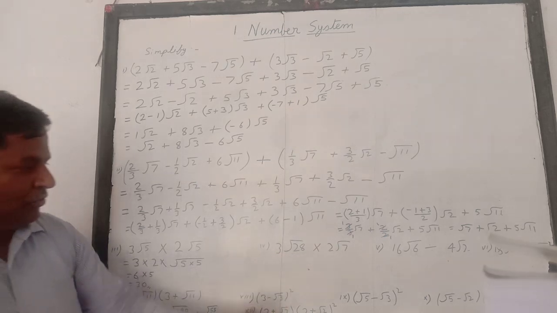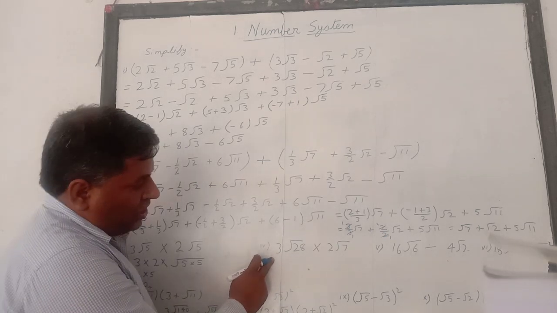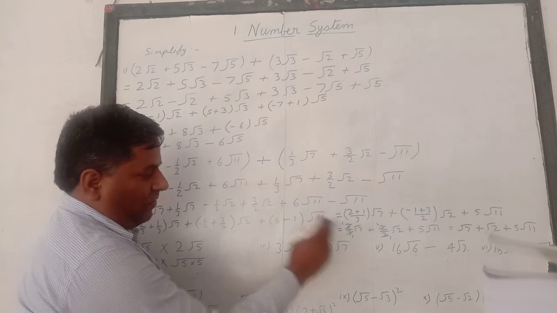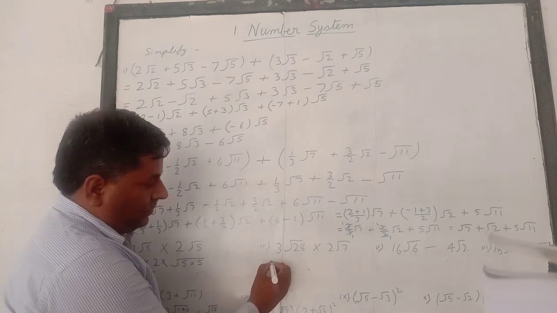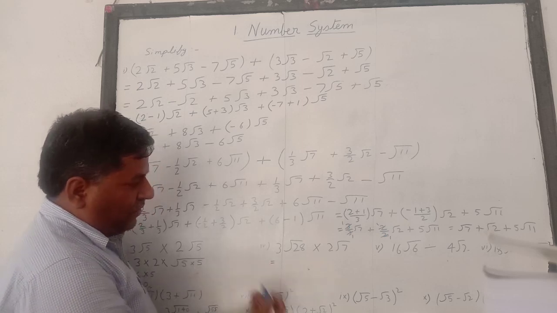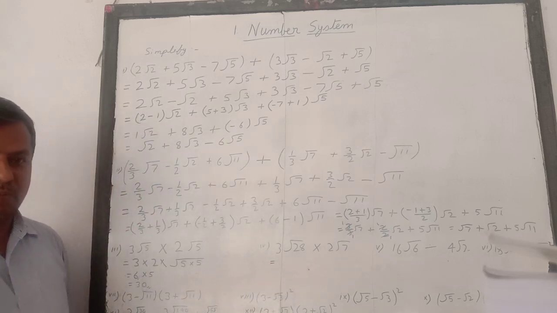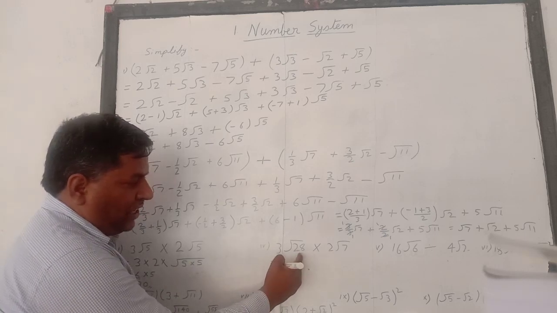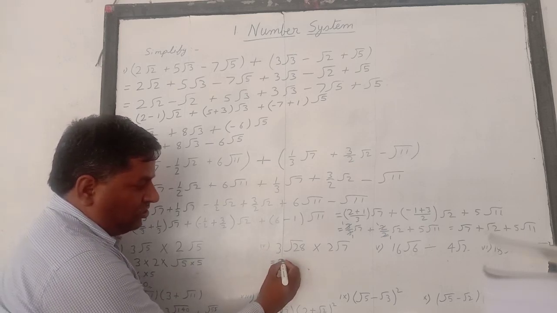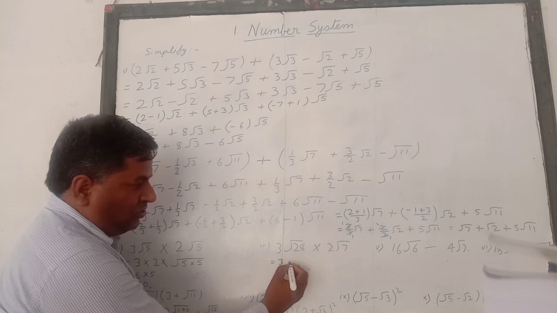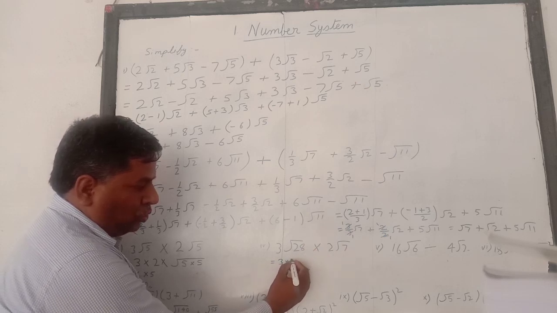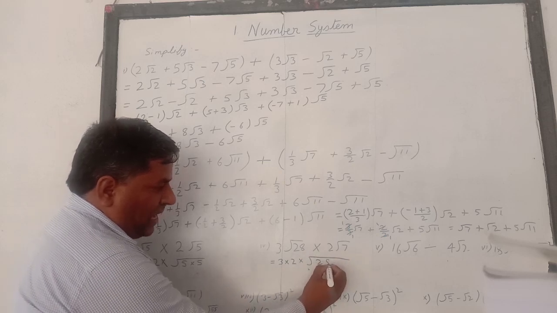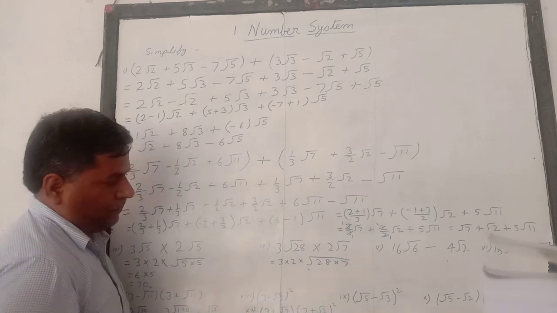In the same way, here it is 3 under root 28 into 2 root 7. Same as we did in the first question, first we have to multiply the coefficients. So the coefficient of root 28 is 3, so we write 3, and the coefficient of root 7 is 2. So 3 into 2 into under root 28 into 7.